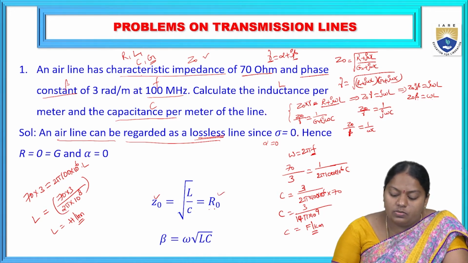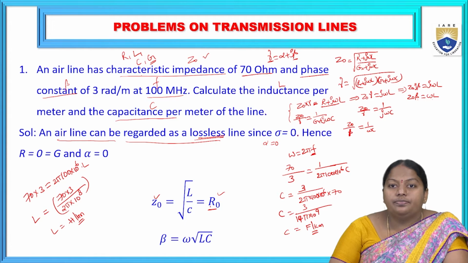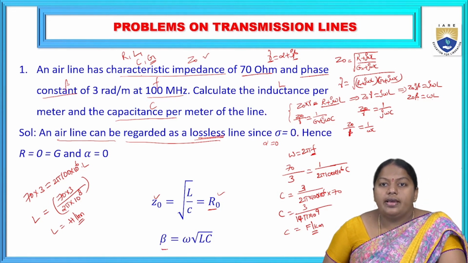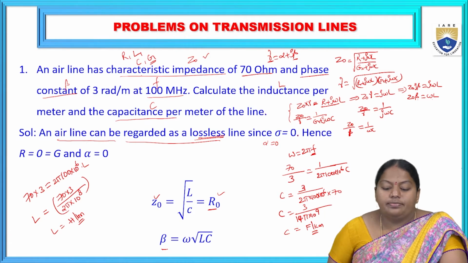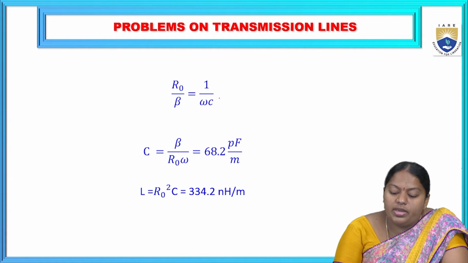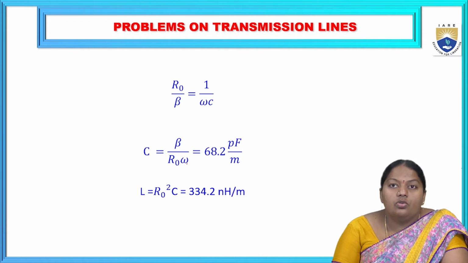Characteristic impedance is sometimes represented with R0. And as we know, for a lossless line, beta is obtained as omega root over LC. So by simplifying these two, R0 by beta equal to 1 by omega C. Now from this, C equal to beta by R0 into omega, or Z0 into omega.